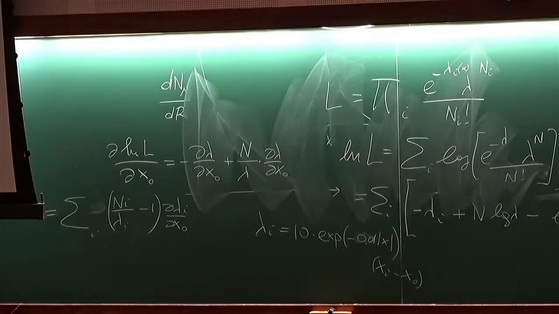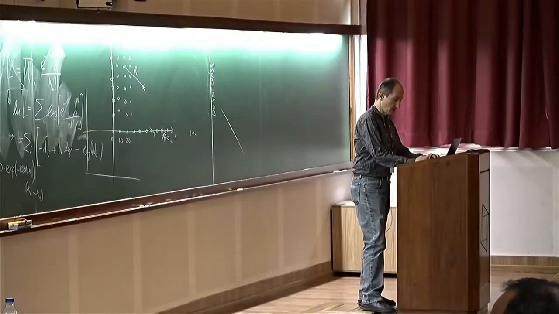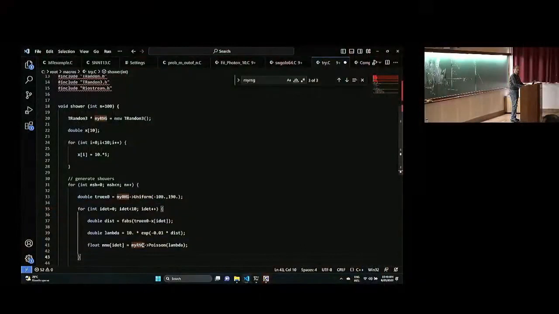So now I want the number of muons, an integer, but let's have a float because it's better anyways. N muons of detector i that we generated as a call to my RNG Poisson of lambda. Does it make sense to you?